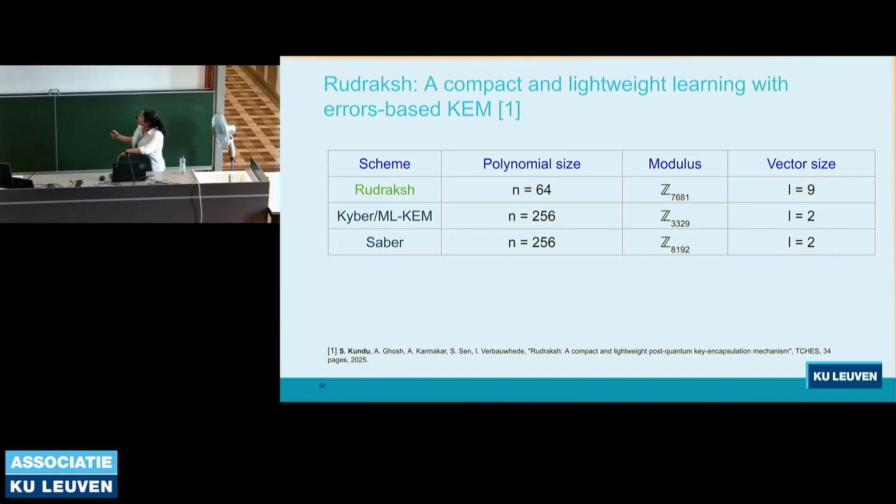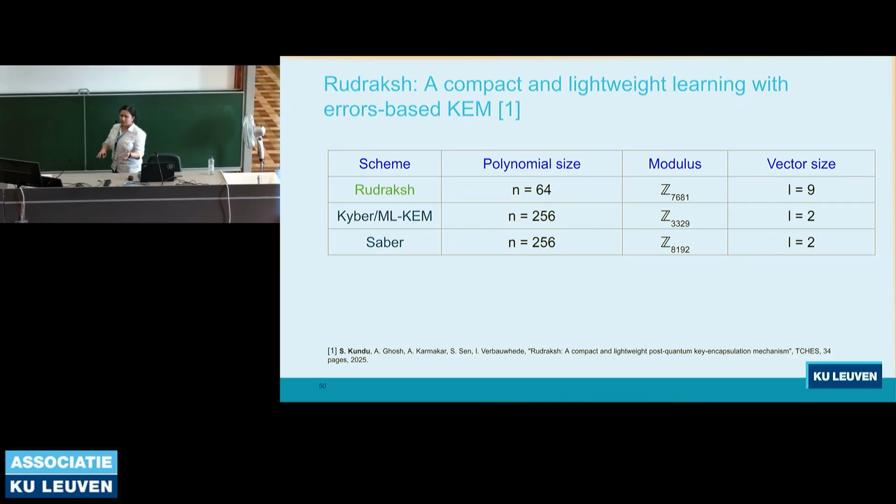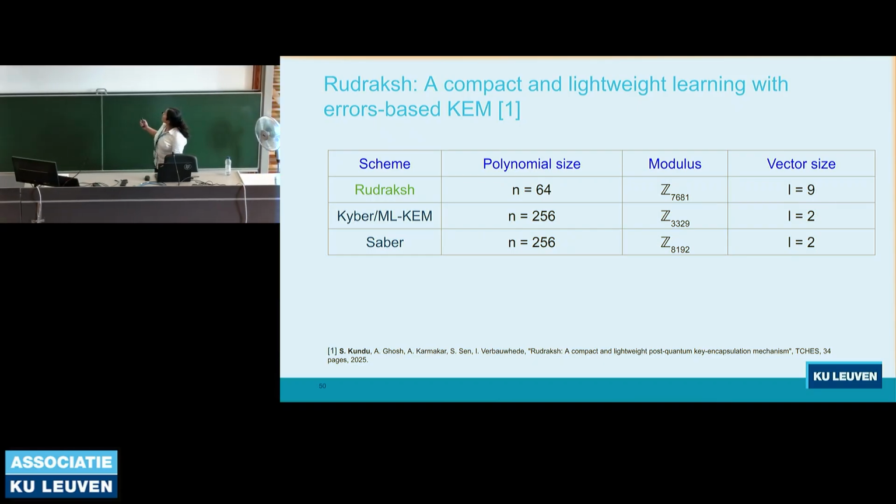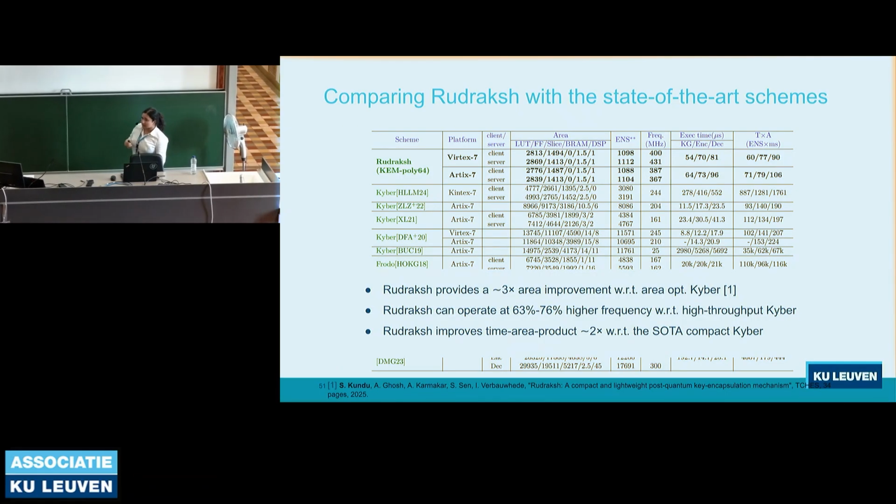So if you are aware of PQC schemes, this parameter set provides the least level of security. That is 120, equivalent to AES 128. What we noticed is that if we tweak these parameters, then we actually get better hardware results as well.